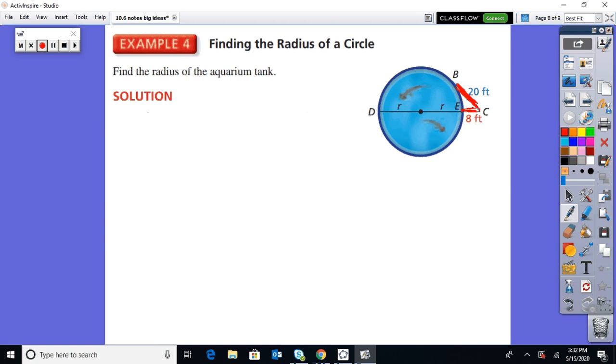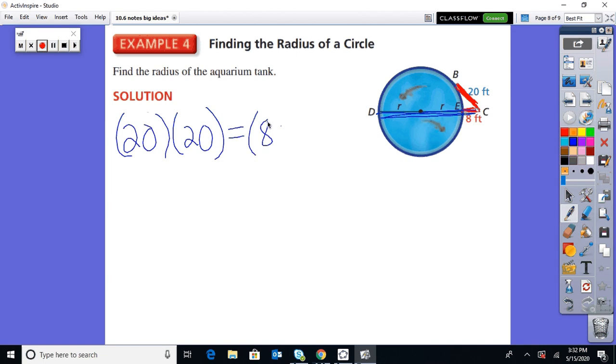So I should be able to set up whole big thing times outside piece equals whole big thing times outside piece. It's a tangent on one side, so it's 20 times 20. And then my secant, whole big thing, so 8 plus 2r, times the outside piece, which is just 8. So let's see how this shakes down.